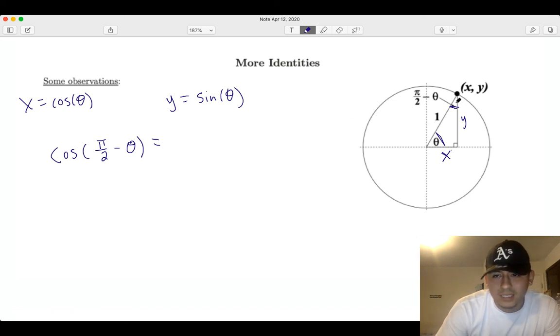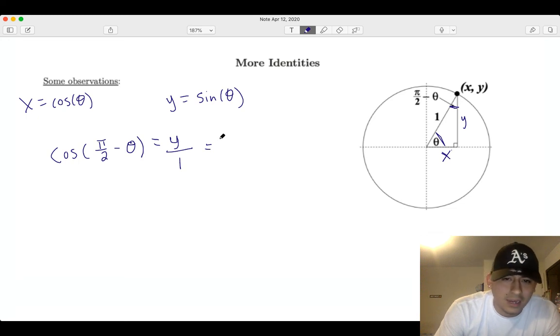The adjacent side is now this vertical leg, y. So this is going to be equal to y divided by the value of the hypotenuse, and the hypotenuse is just 1. Anytime I divide by 1, we don't change the value, so this is going to be equal to y.